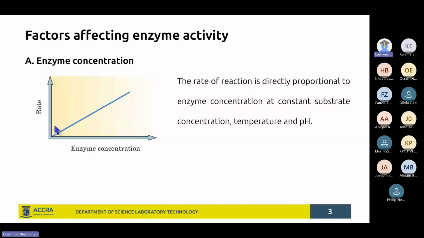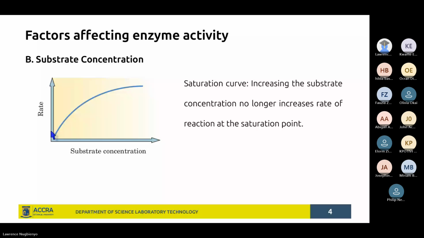How about substrate concentration? You notice that for substrate concentration, there is an initial linear relationship where there is an increase in the rate of the chemical reaction with increase in substrate concentration.